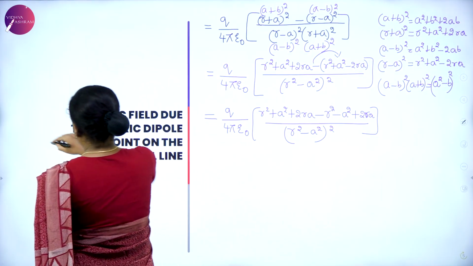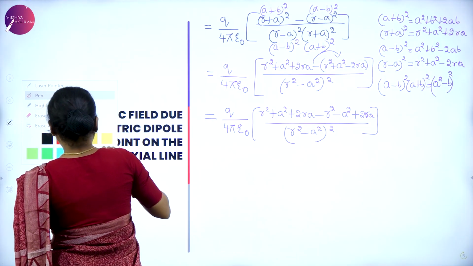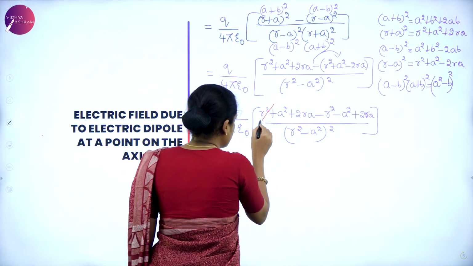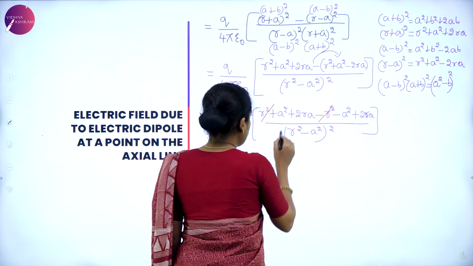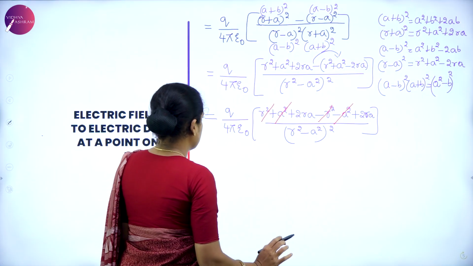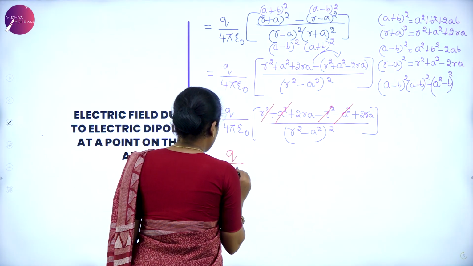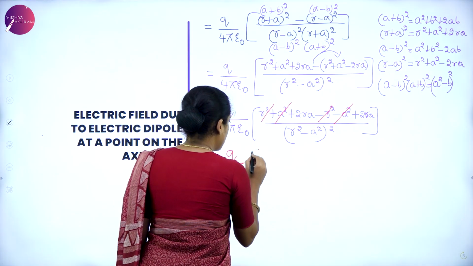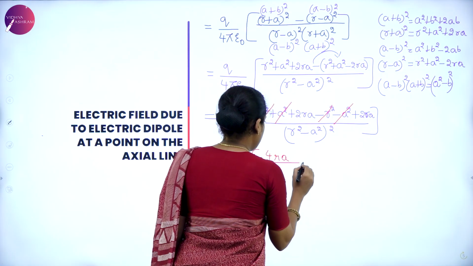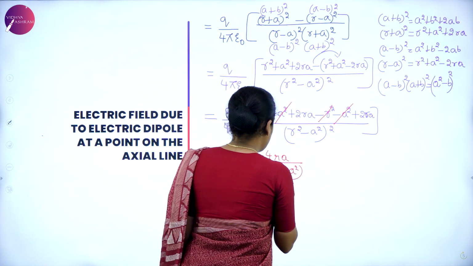Observe this, the bracket terms here, the A square, R square get cancelled out. R square minus R square plus A square minus A square gets cancelled. Then what we have is Q by 4 pi epsilon naught of 4RA divided by (R square minus A square) whole square.